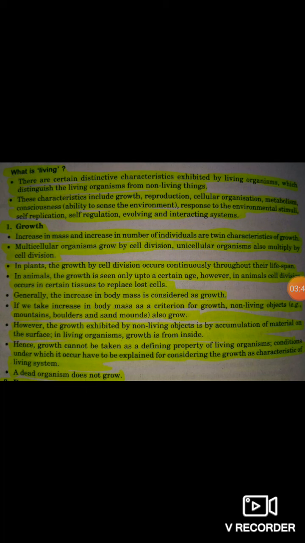In living organisms, growth is from inside. Hence, growth cannot be taken as a defining property of living organisms. Conditions under which it occurs have to be explained for considering growth as a characteristic of living systems. That means a dead organism does not grow.